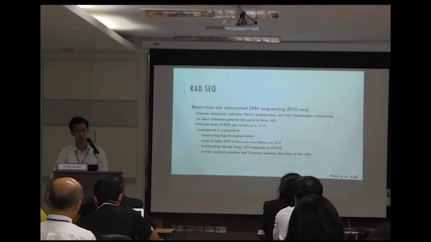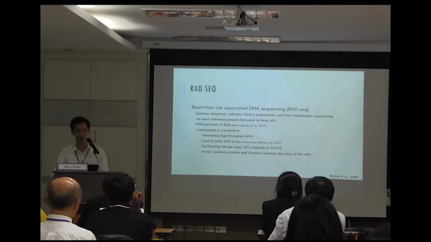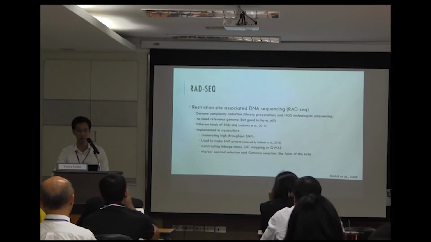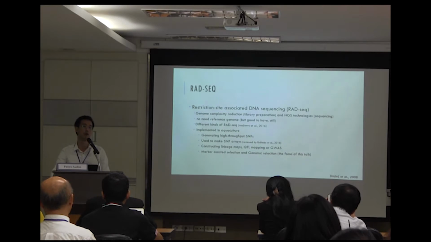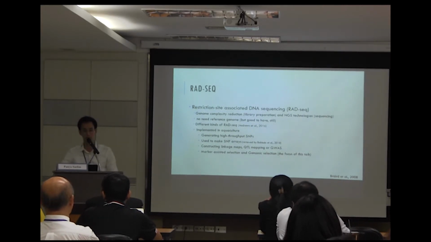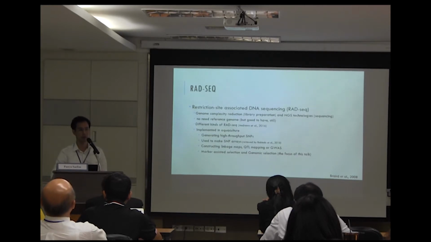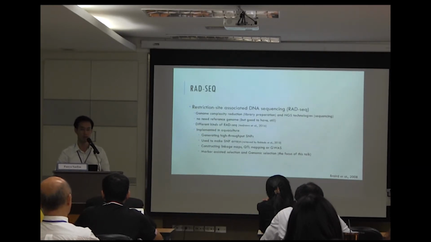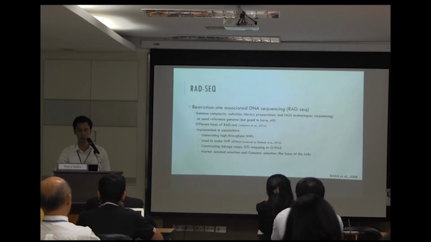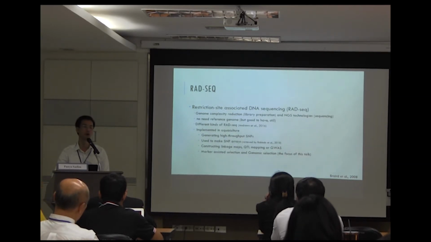The key application in aquaculture for RADseq is generating high throughput SNP markers used to make SNP arrays and construct linkage maps, QTL mapping, or even genome-wide association studies, so that you can see the genetic architecture of different phenotypes. The focus of this talk will be marker-assisted selection, or MAS, and genomic selection, or GS.